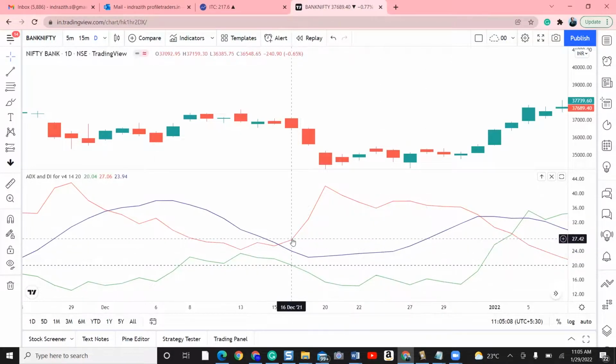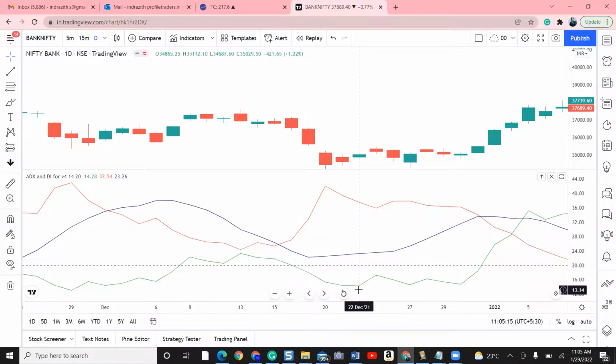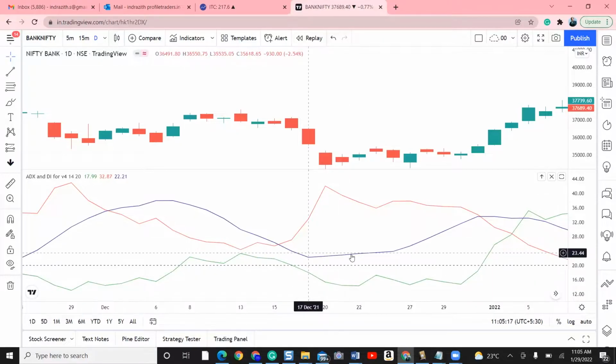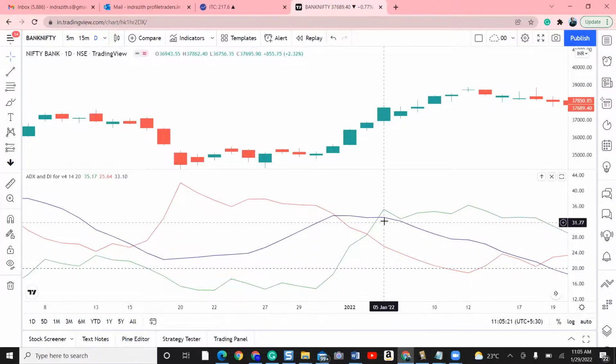If the negative DI line is greater than the positive DI line, then it indicates the strength of the bearish trend. In other words, if the ADX line is above 20 and the green line is above the red line, which means positive DI is above negative DI, it indicates the strength of the bullish trend.